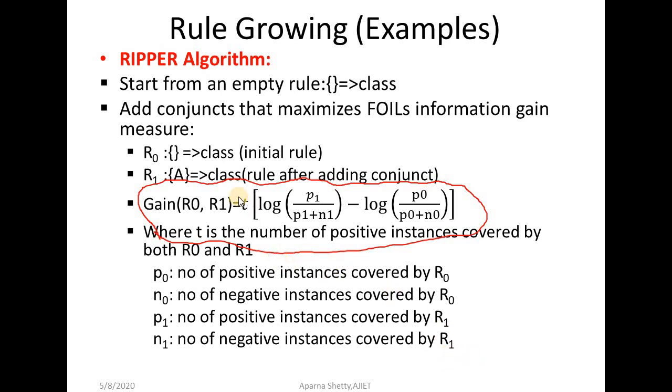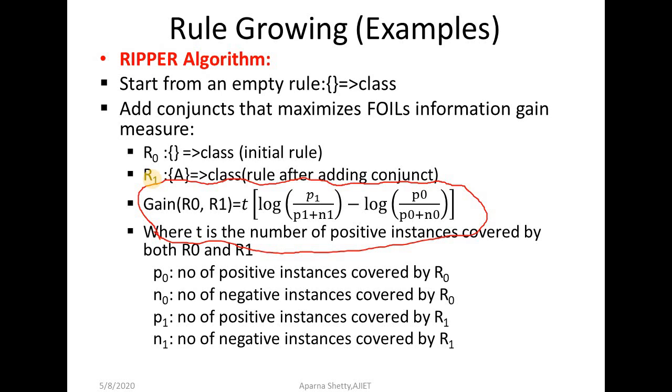Okay, so suppose we get more gain, the information gain for R0, R1, if it is high, then we will be considering the rule R1. So adding the conjunct to the empty rule set, when you keep adding the conjunct, if you get more gain, then you will consider that rule.